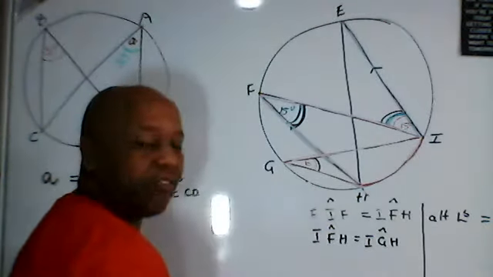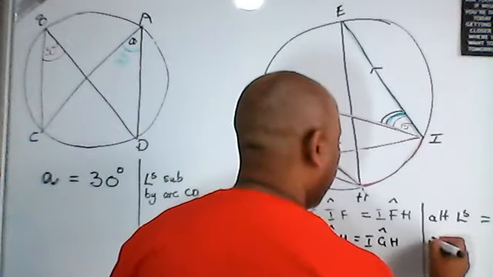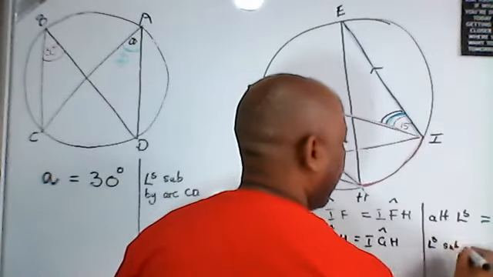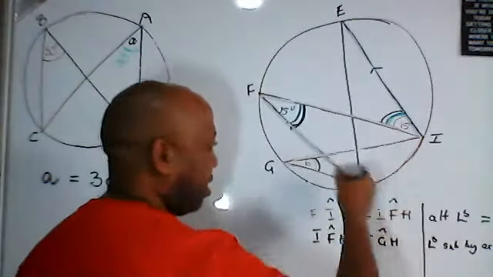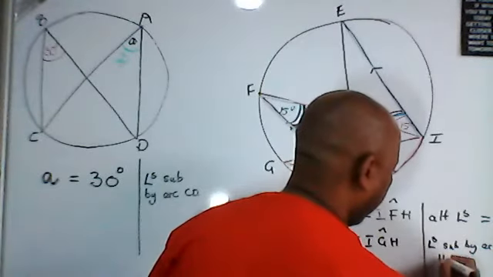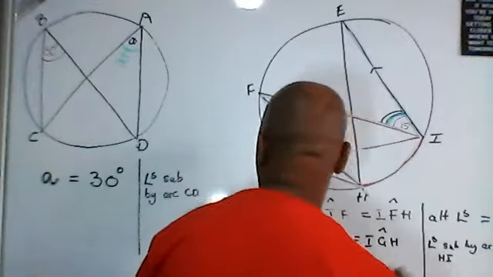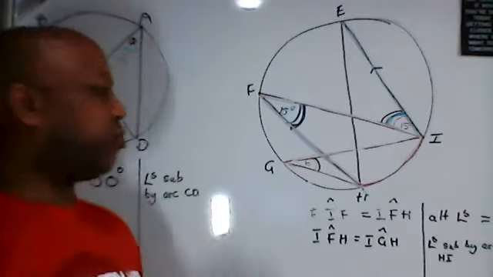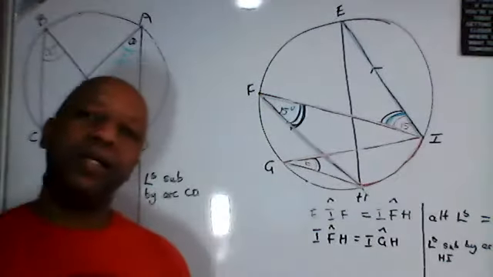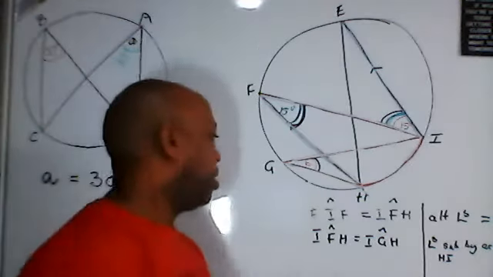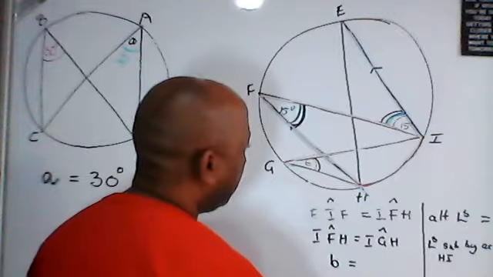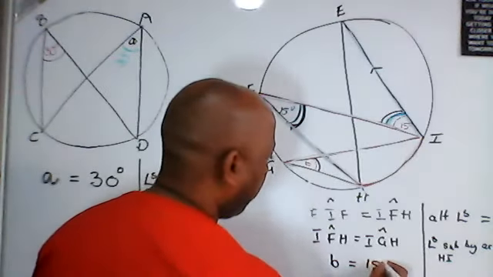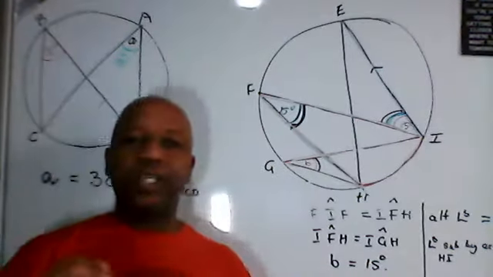My reason for that is angles subtended by the same arc, HI, are equal. Therefore, B is equal to 15 degrees.